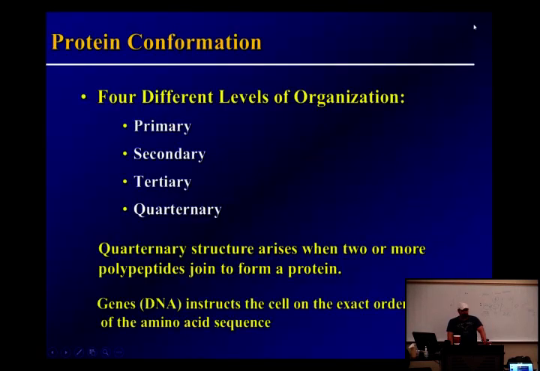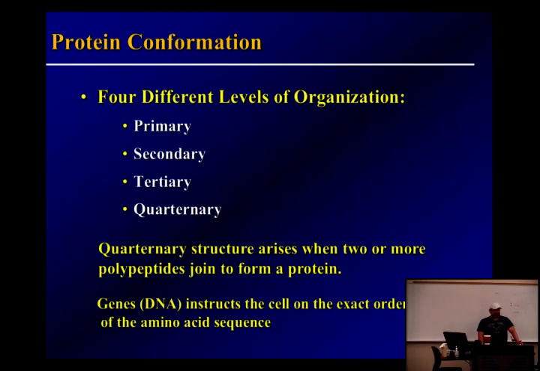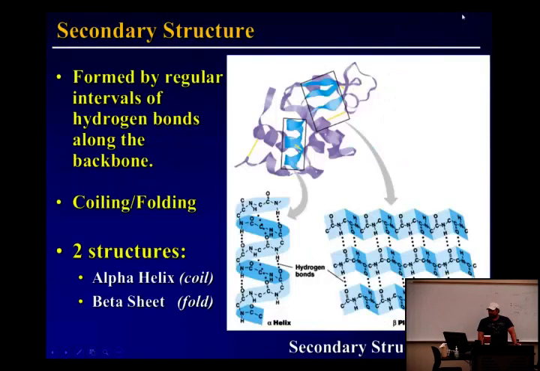And remember, proteins, their shape is really, really important. Your body can tell the difference between a left and a right-handed molecule. That's pretty good. In primary structure, how do we number them? From the amino or the carboxyl end?